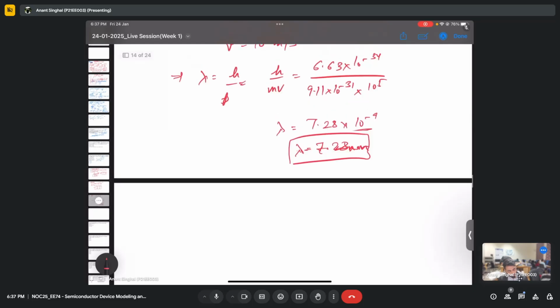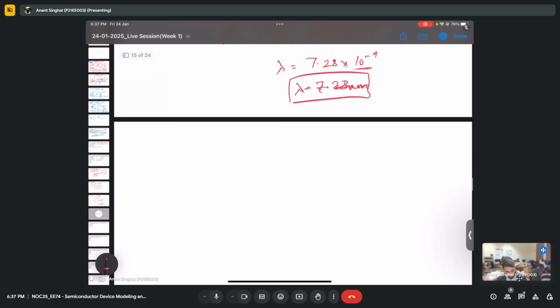Yes, sir. So if I now quickly take, let's say, a tennis ball, the mass would be in grams. Let's say I'm writing 0.05 kg, which is around 50 gram. And let's say the velocity is only 50 meter per second.